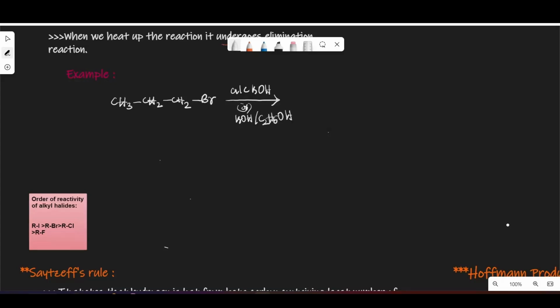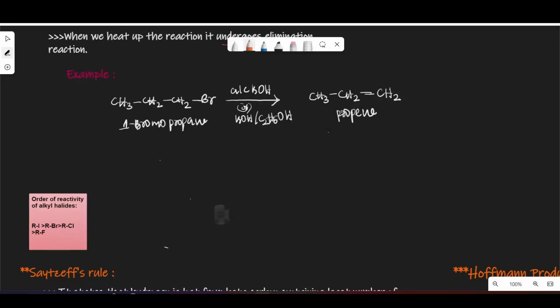Then we will get an alkene as a product. Here we will get CH3CH=CH2, propene, from 1-bromopropane. Here the mechanism is simple.